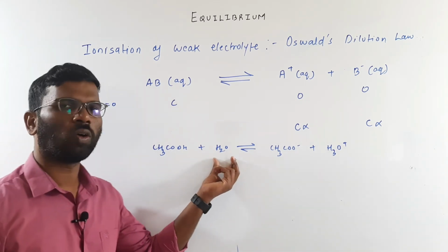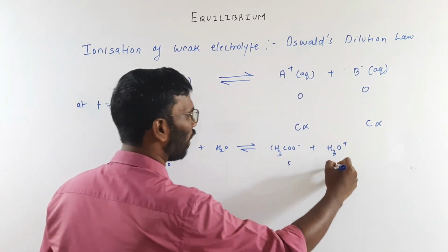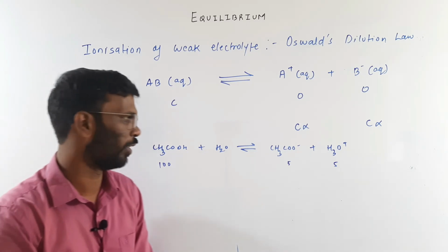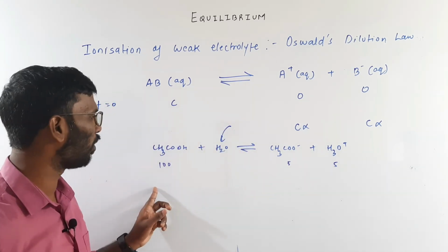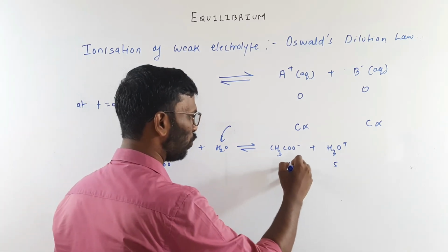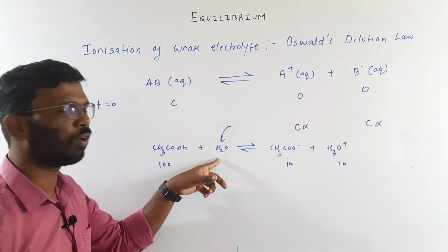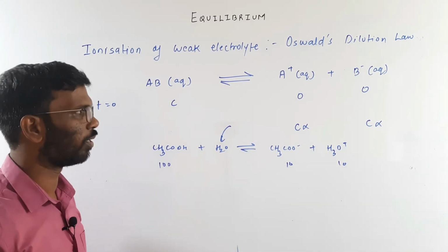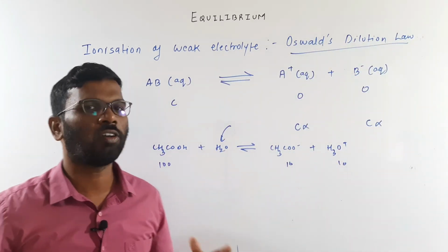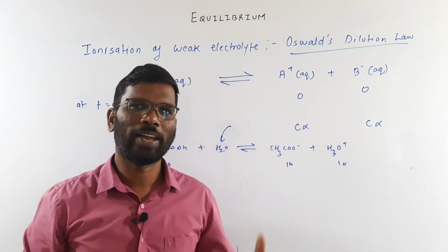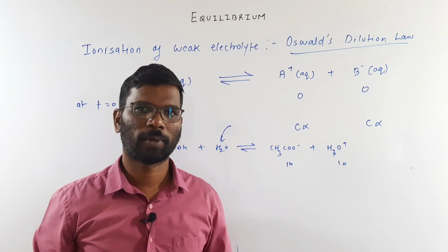So at a certain concentration, you are getting 5 molecules, like let's say this is 100 and these are 5 and 5. This equilibrium is set over here. Now what you do, you add more water. If you add more water, out of 100, this will be 10 and this will be 10, means the splitting will take place more if you add dilution, if you add more water. So that is what Ostwald's dilution law says. The degree of ionization depends upon the dilution. More is the dilution, more is the dissociation.